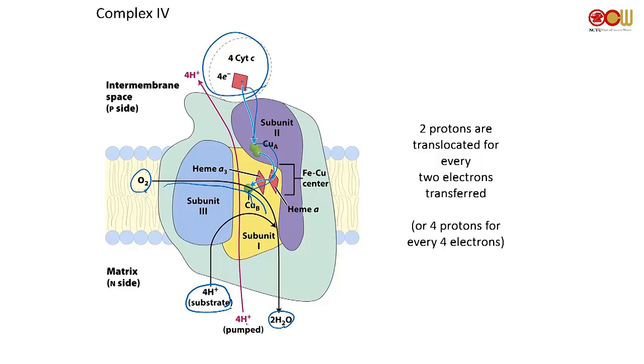In the process, you also pump 4 protons over to the intermembrane space. Alright, so the net is 2 protons are translocated for every 2 electrons transferred. So 4 protons for 4 electrons.